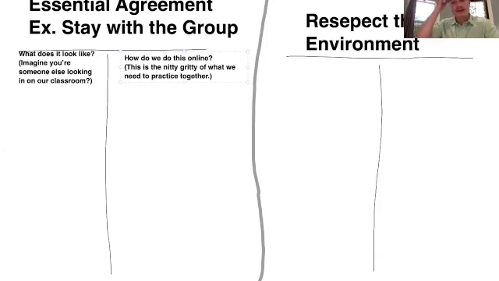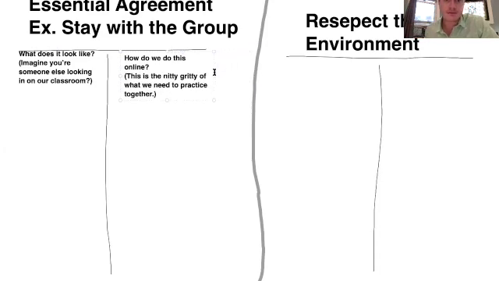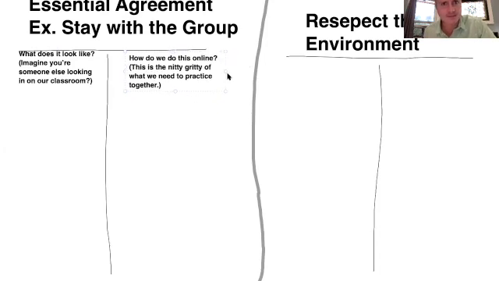I'm going to say practice on purpose, right? Because that's a real thing. I think sometimes people think we should always be good at the essential agreements. Teachers are bad about that sometimes. They're like, you should always be good at doing this. But the truth is, we got to practice. We got to practice staying with the group. We got to practice respecting the environment. We got to think and practice about listening and respecting personal space. All of those essential agreements are things that we have to work on.